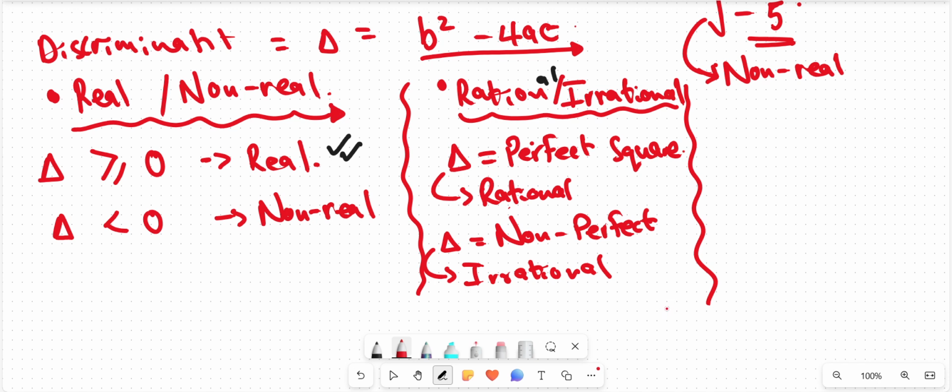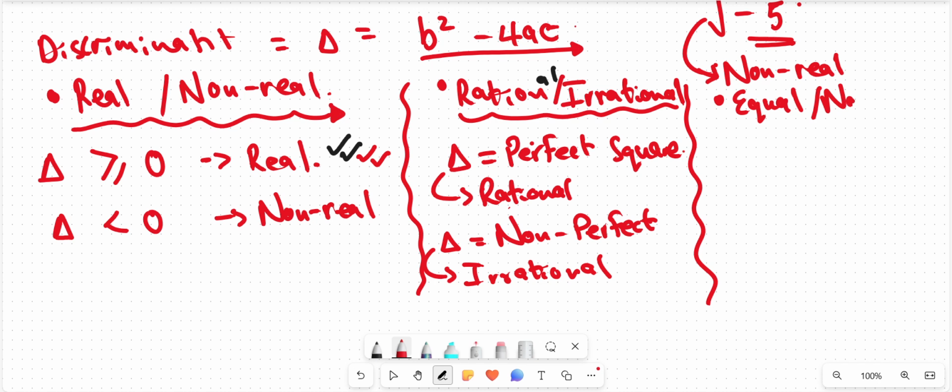Now, as soon as it says non-real, it means it does not fit under these two categories, right? So for these two categories, we're only going to be checking if this number one criteria is met, the fact that they are real. Then one last thing that we're going to be checking is if these roots are equal or non-equal.